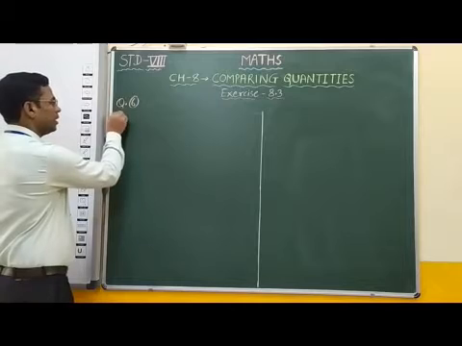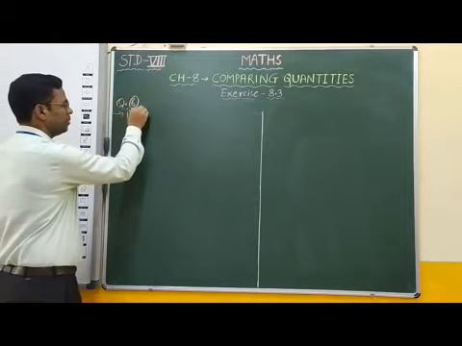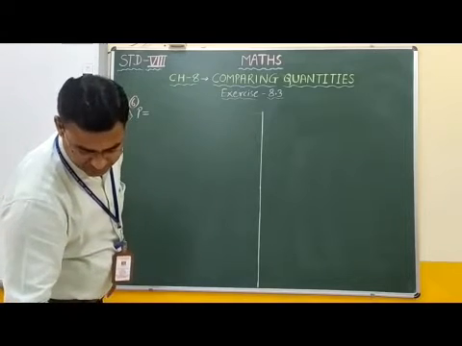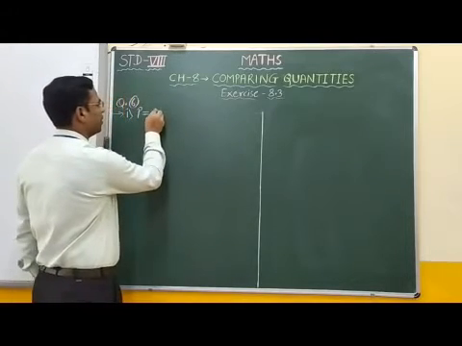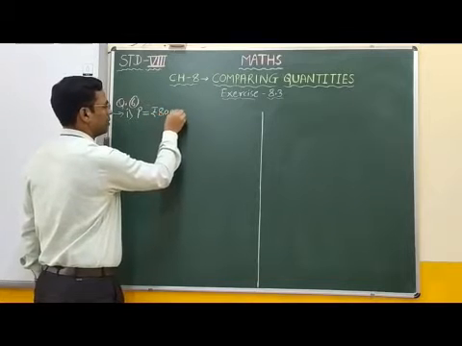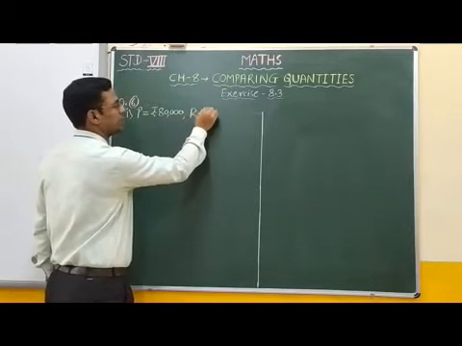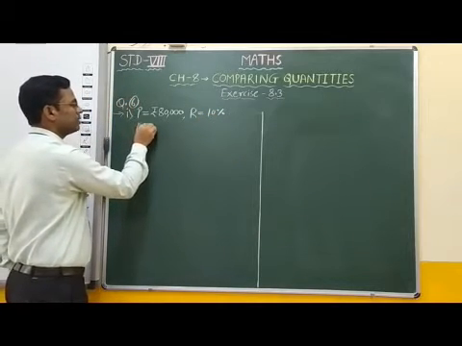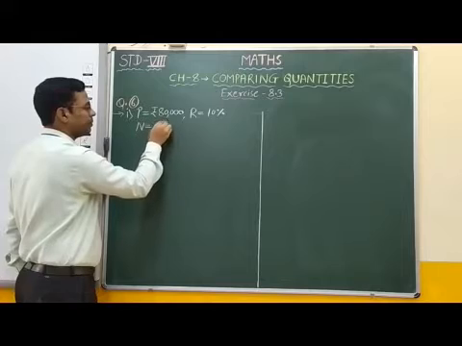Now, here the principal amount is rupees 80,000. Rate of interest is equal to 10% and number of years is equal to 1.5.